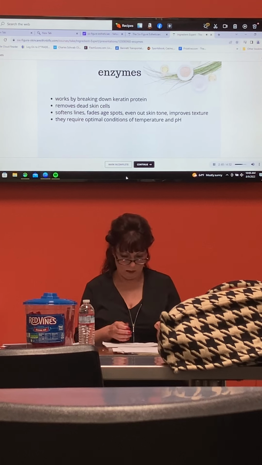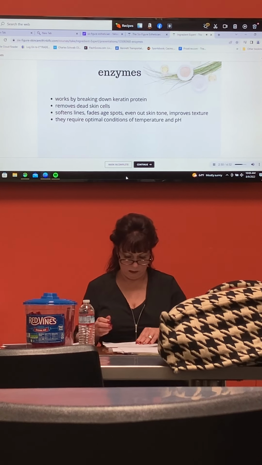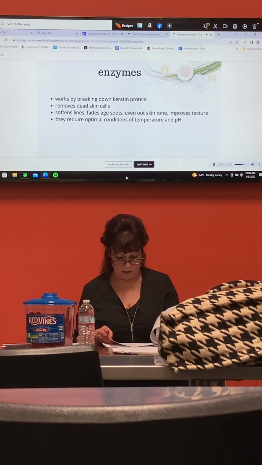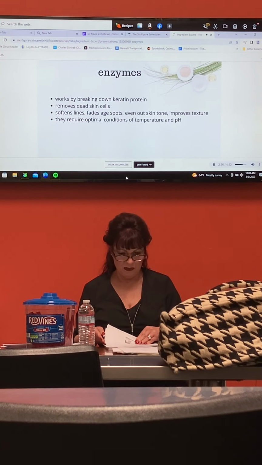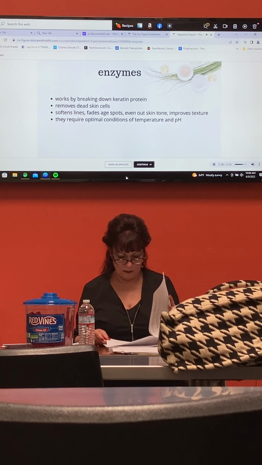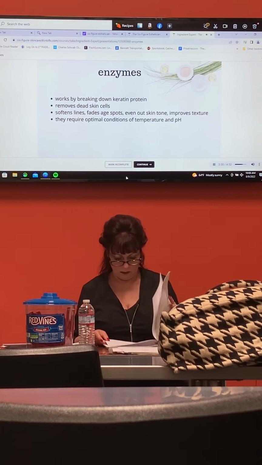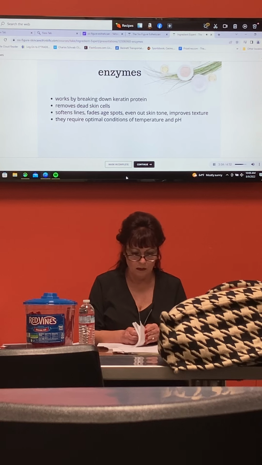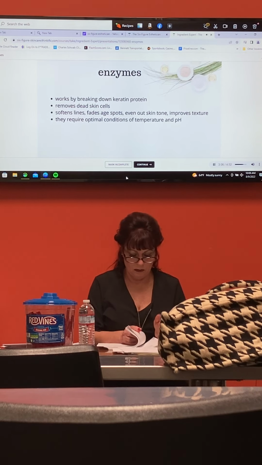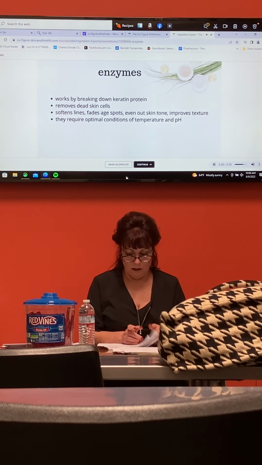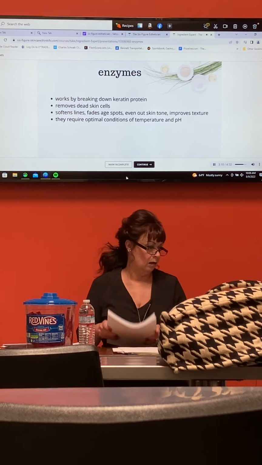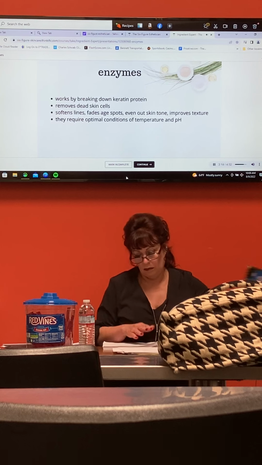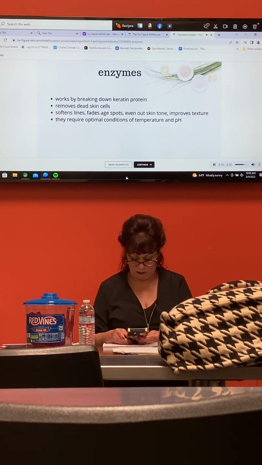With any ingredient, there's always an upside, but there's always a downside. So the downside of enzymes, so far they sound pretty great, right? But unfortunately enzymes are very picky about their environment. They really require optimal conditions of that temperature and pH, which we just talked about in the slide. So when enzymes are removed from their natural environment, they have a tendency to become unstable.